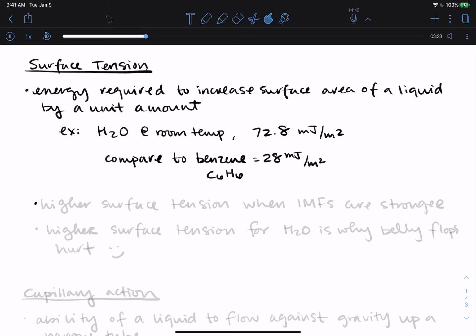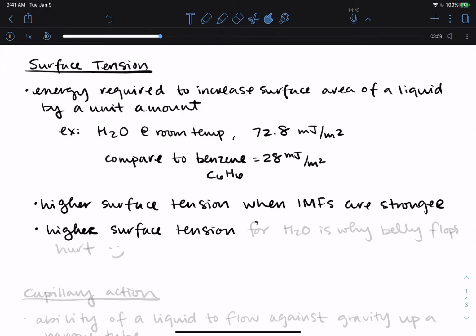So takeaway points with surface tension, this higher surface tension is seen when IMFs are stronger. And if you have ever accidentally or on purpose done a belly flop into a pool or a lake, this is why it hurts so much.